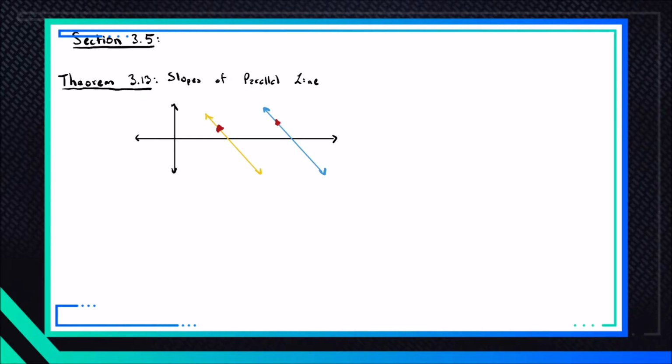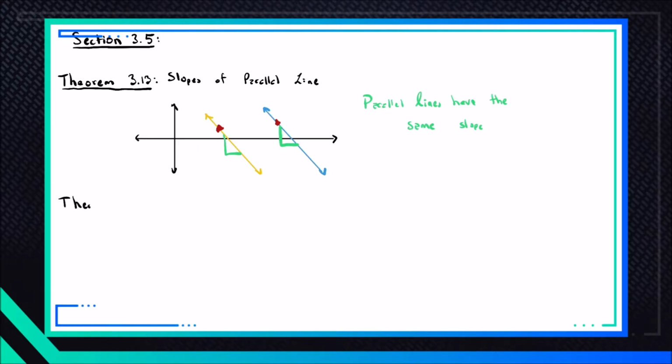Then we can conclude the following: parallel lines have the same slope. If we were to calculate how far this drops versus how far it goes to the right, and how far this drops versus how far it goes to the right, that would be the same number.